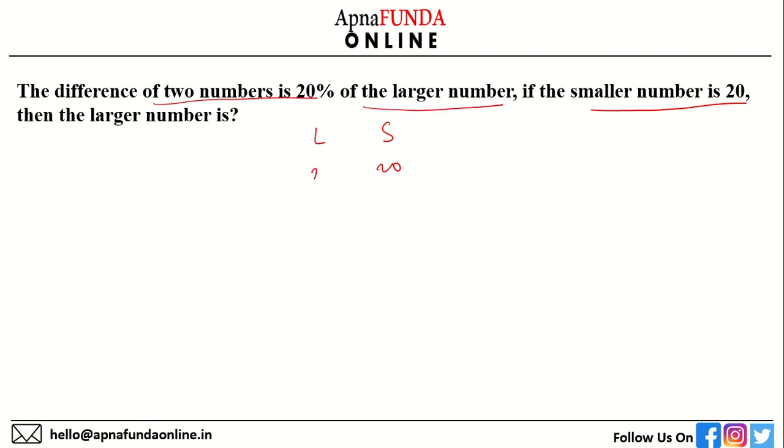Let the larger number be x. So large minus small, obviously. So x minus 20 is equal to 20% of x.